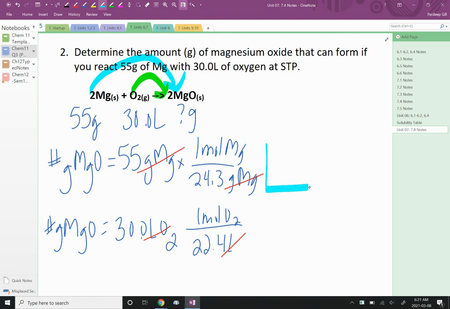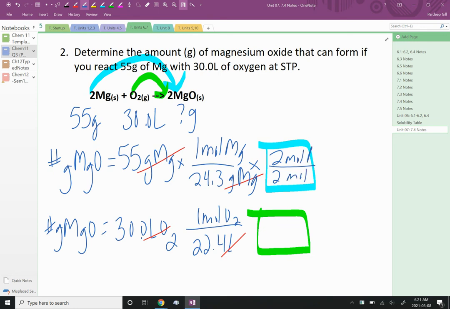So now we can go ahead into the mole bridge for both of them. It's a 2:2 ratio, so it's really going to reduce to 1:1, but I'll just put down the 2 and 2 so you can see exactly where those numbers come from. And here, this one is 2 moles of Mg to 1 mole of oxygen. So just be a little careful there.